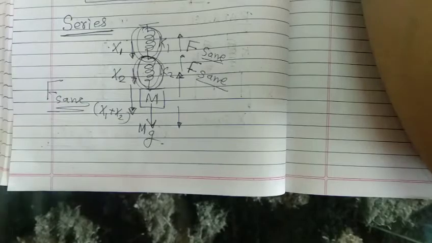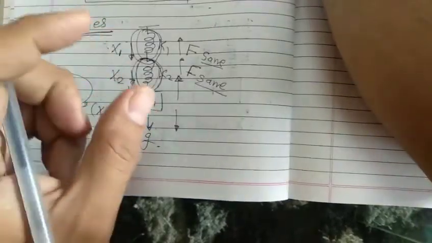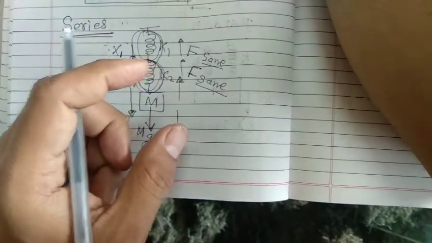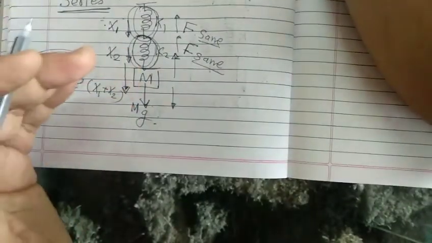So the upward force that it produces to balance is also mg. Remember, in the series combination, the restoring force produced by both springs is the same. So whenever two springs produce the same restoring force, only then can they be said to be in series combination.